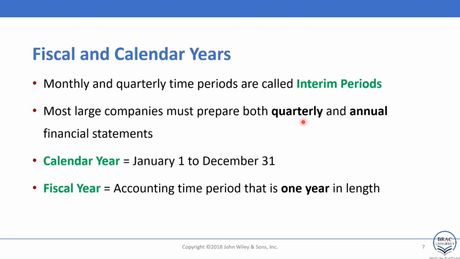So you can choose to prepare statements more often, after every 1 month or 2 months, but you have to prepare statements at least after 3 months. That means in a year you have to prepare at least 4 statements. Okay, and at the end of the year, merging the 4 statements, you prepare an annual financial statement. So this is the normal practice, and companies must do it.